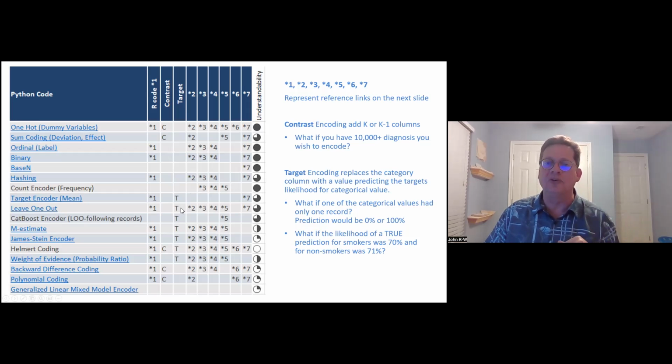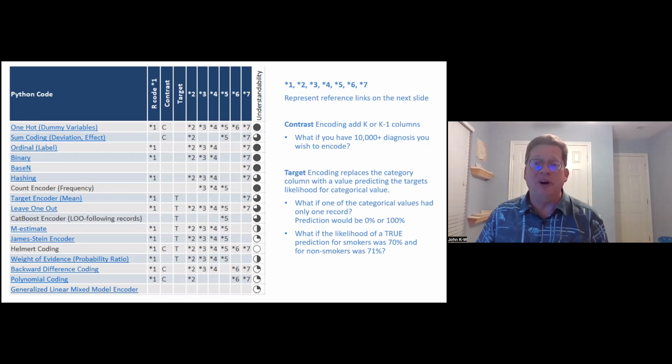Target is where you're just going to have it encoded into 1 column, and it's going to use the predictive results, your dependent variable, in order to predict your final results in doing your encoding. And these various asterisks here are identifying references; if you want to find out more about a particular method, you can look at the references listed on the next slide to find additional details.